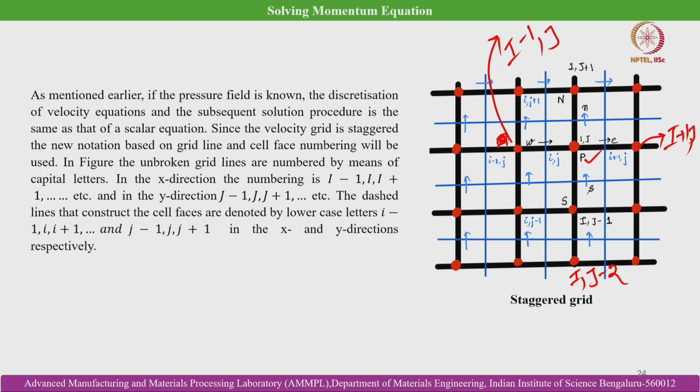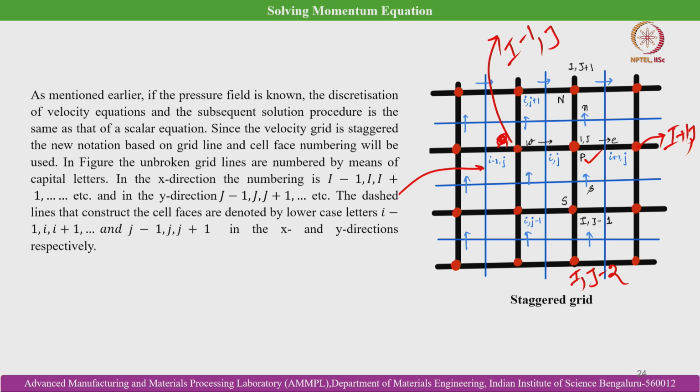The dashed lines that construct the cell faces are denoted by lower case letters. Actually it is not a dashed line, it is a grid line. We are talking about these lines which pass through the center of the cells. You can see this is the center of this particular cell. The lower case letters are shown here, it is i j.